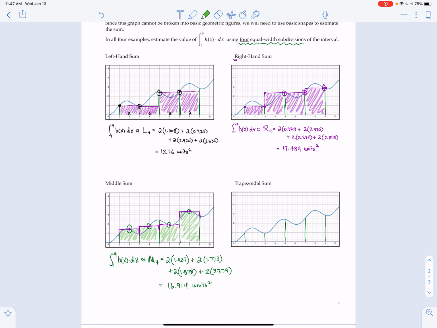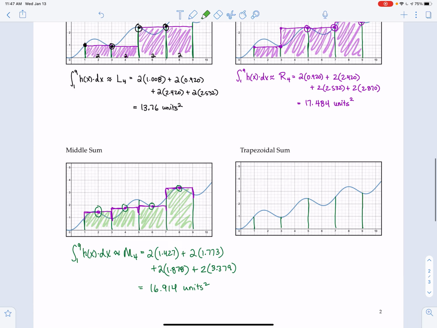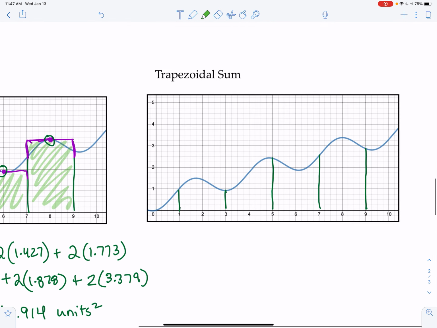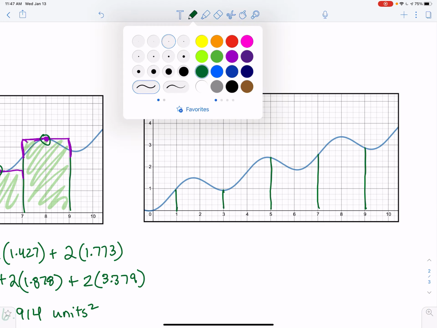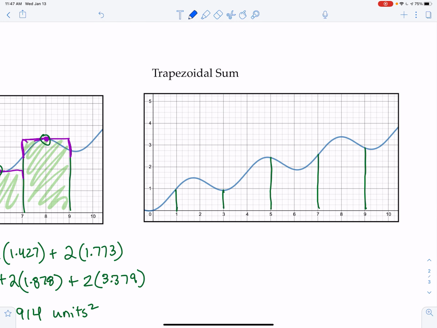Awesome. Now, a trapezoidal sum is just a hair different, and that's what we're going to be focusing on here. A trapezoidal sum is exactly what it sounds like. We are connecting our left-hand side of the rectangle to our right-hand side of the rectangle and actually building these trapezoids. Now, some of these look a little more rectangular than others just because we have some close data points.